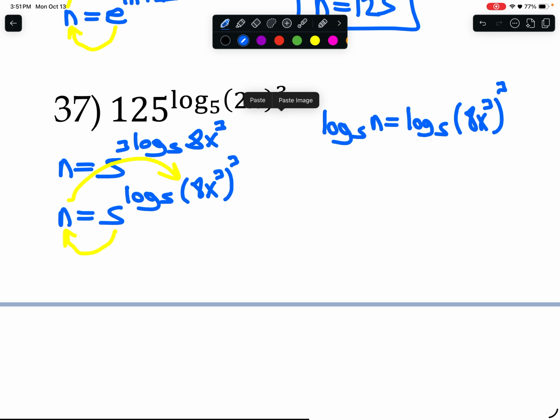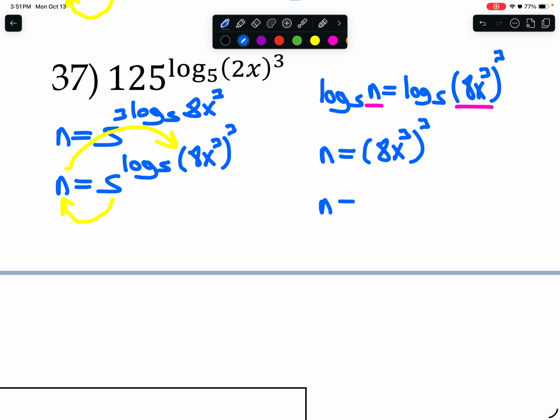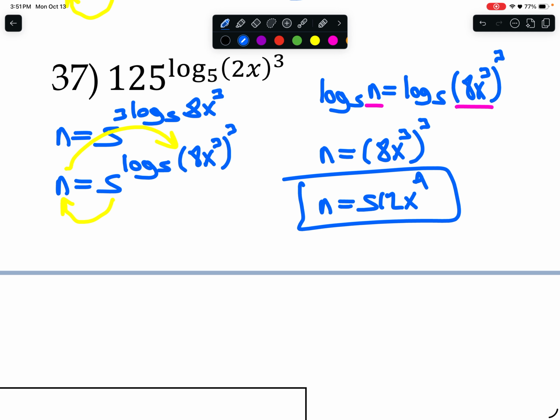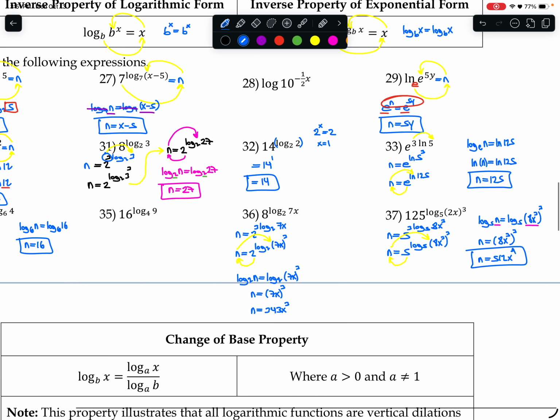So I'm going to set those arguments equal since we have the same base. So this is n equals 8x cubed, all cubed. So mathematically that would equal 512 x raised to the 9th. So that's the same thing as what we have.